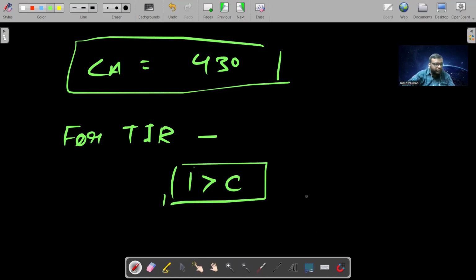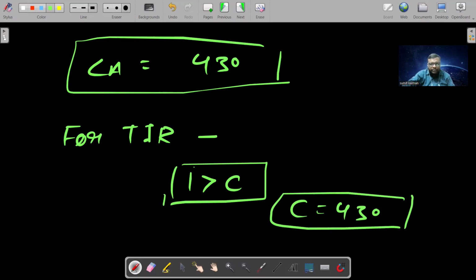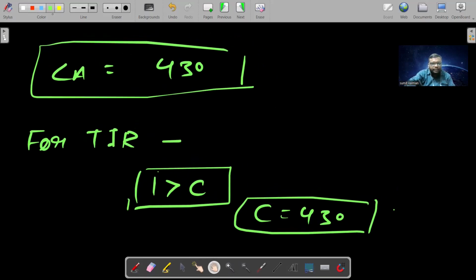Here we have calculated our critical angle and it is 43 degrees. So students, here we need a color with a critical angle less than 43 degrees.